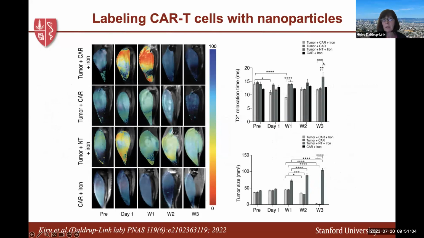And you see a marked T2 star shortening on our MRI images, and more so as compared to various controls, such as CAR T cells that were not tumor-targeted but labeled with iron, or tumor-targeted CAR T cells that were not labeled.